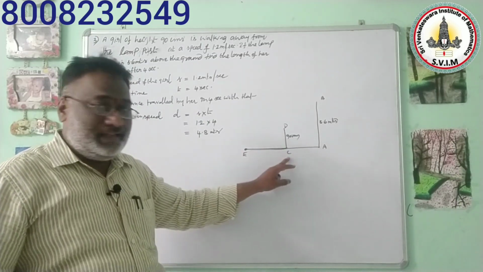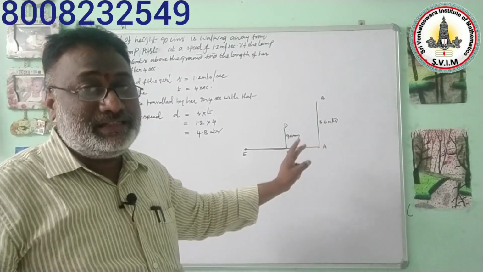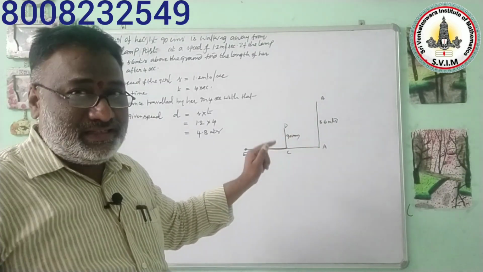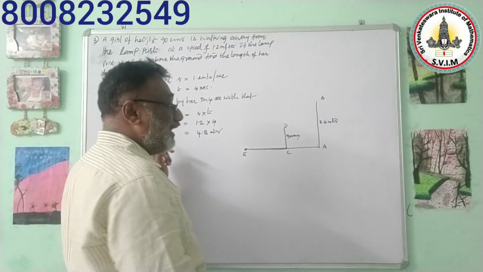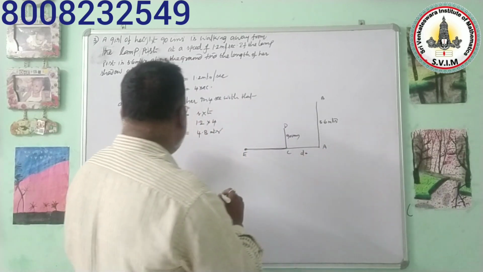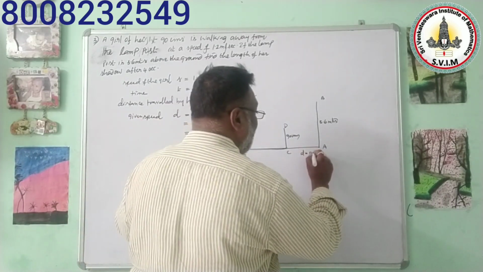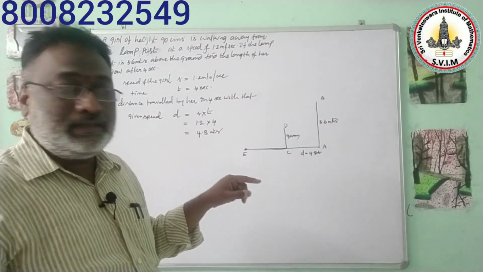Next, AC here refers to the distance she traveled in 4 seconds with that speed, which we have already found. That distance D is 4.8 meters.